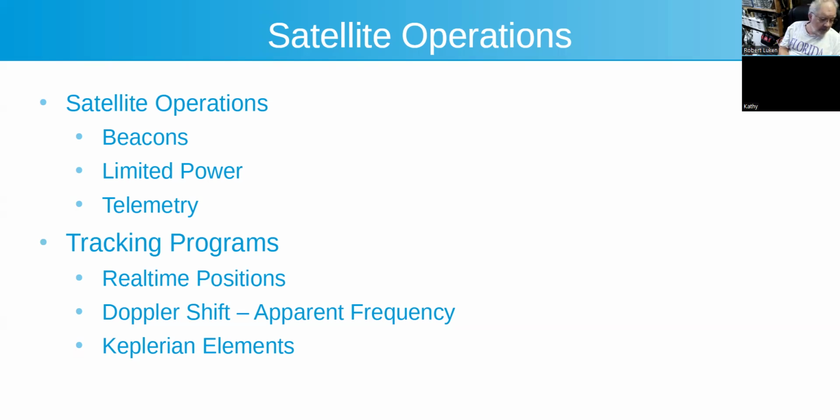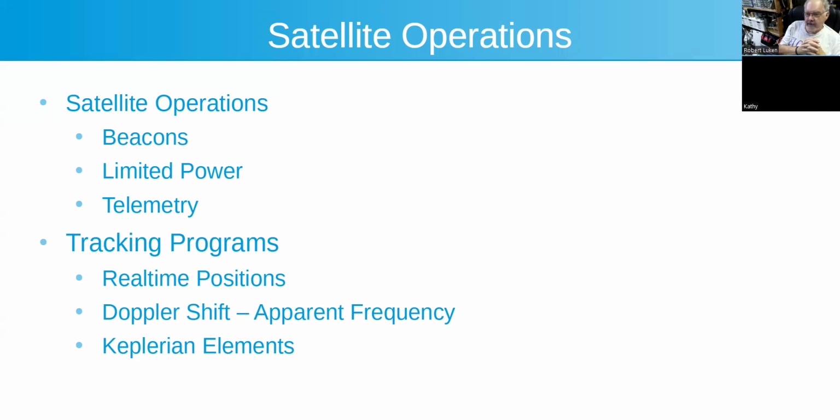If you remember, Doppler shift is the apparent change in frequency of a source that's moving either towards you or away from you. So as it's moving towards you, the frequency appears to increase. As it moves away from you, it appears to decrease.